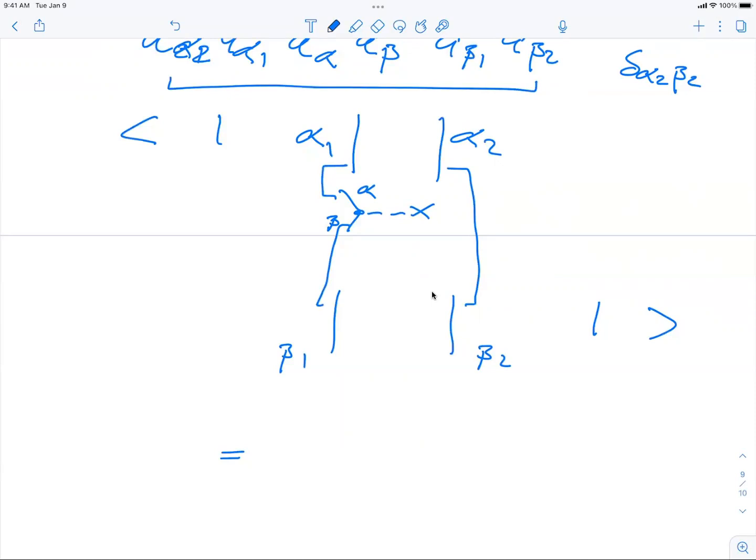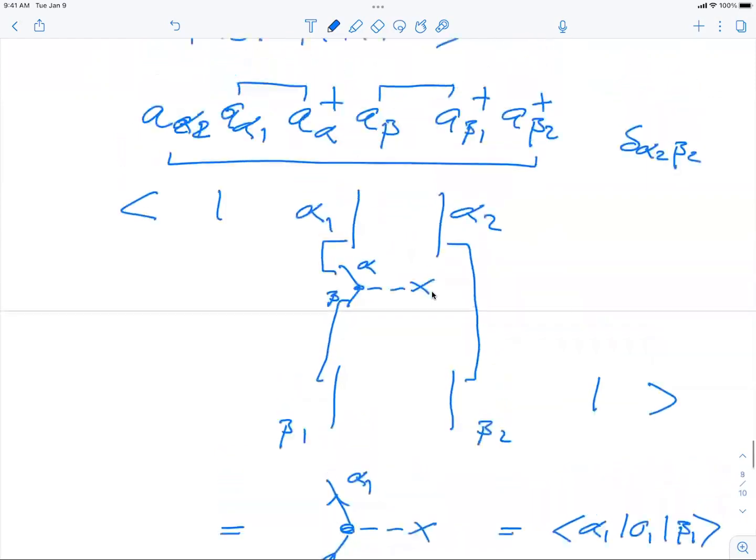So what we get is a beta 1, and an alpha 1 here, and this is a matrix element given by alpha 1, O1, beta 1. So that would be one of the possibilities.